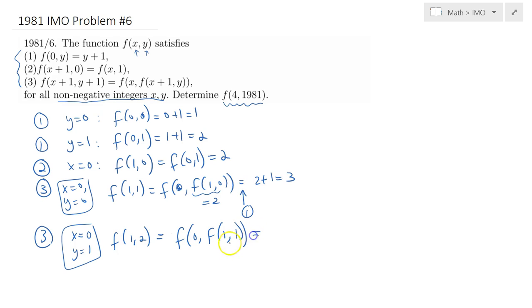Now we can go back to the first principle and substitute with f of 1, 1 plus 1, but f of 1, 1 we just got as 3, so 3 plus 1 equals 4 for f of 1, 2. This gets us thinking actually.